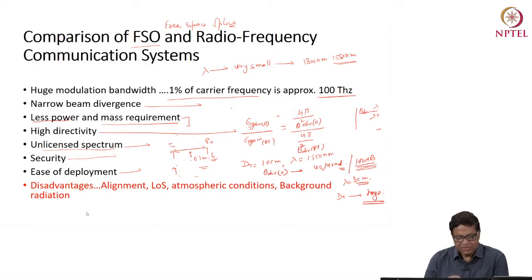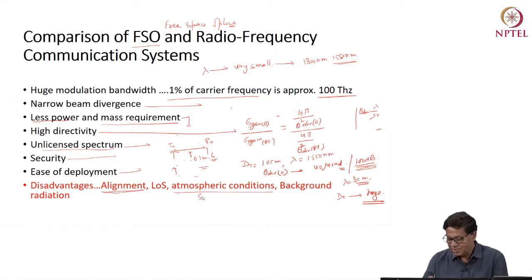Of course, it comes with certain disadvantages. You require alignment. It is a LOS, essentially a line of sight technology. So you require precise alignment if you want to have the communication between transmitter and receiver. And it gets affected because of atmospheric conditions.